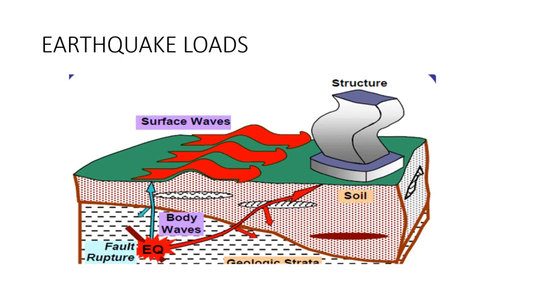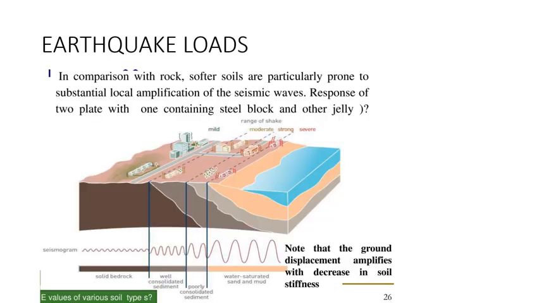As the soil becomes stiff, the effect of earthquake loads will not be as heavy as compared with soft soils. Here the fault rupture is there, and body waves are moving. So the type of soil is also very important in studying the results due to the earthquake waves.